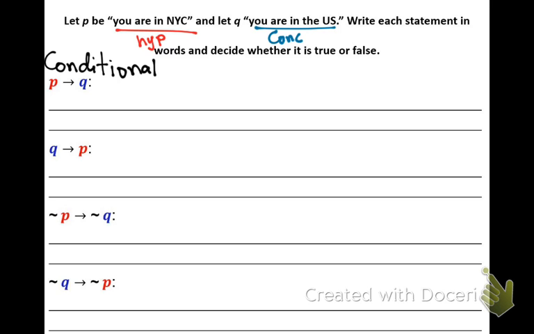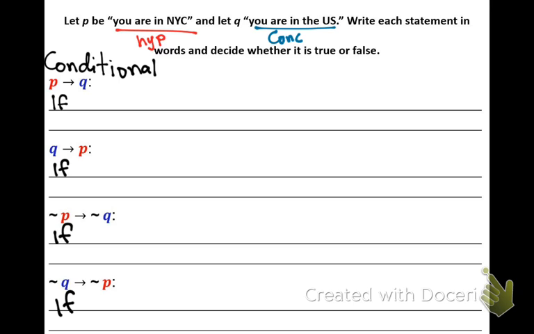What does every conditional statement start with? If. So I'm going to write if for all of them because they will all start with if. Every single one of them. All right, so then what will come first in my conditional?